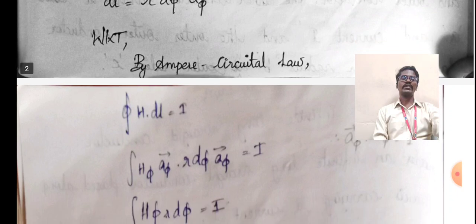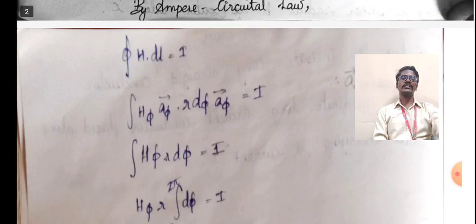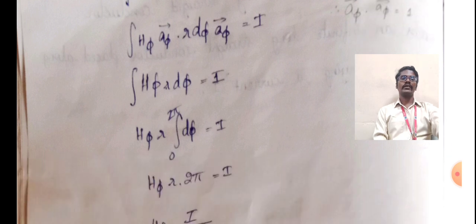By Ampere Circuital law, line integral H dot dl is equal to I. Therefore line integral h phi a phi dot r d phi a phi is equal to I. A phi dot a phi is 1, and therefore we get line integral h phi r d phi is equal to I. Taking the constant h phi r outside, the remaining thing is the integral from 0 to 2 pi of d phi, which is equal to I.